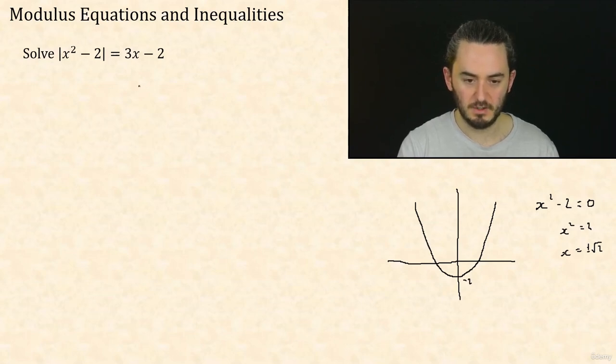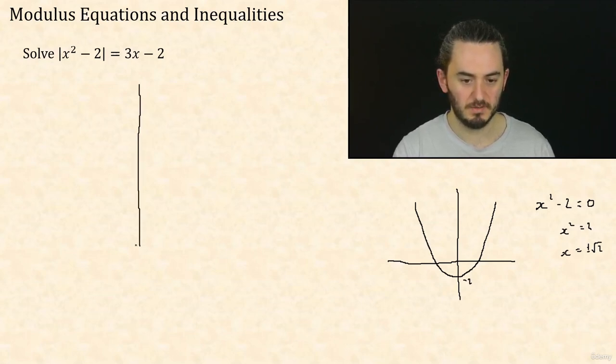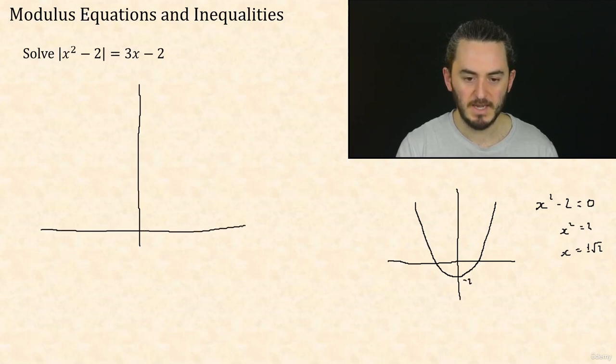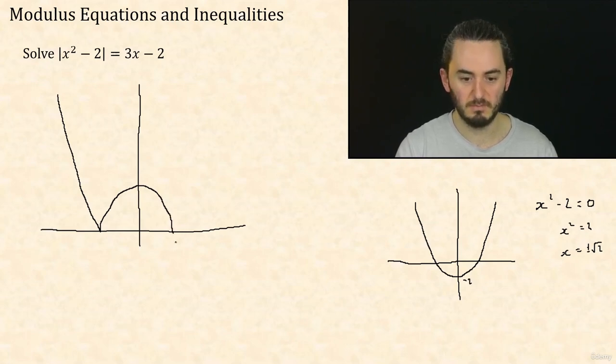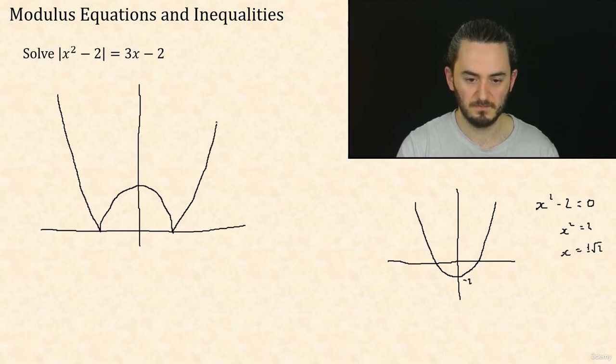So let's get this onto a graph here. I'm going to sketch the modulus of this, which means any time where the original graph was positive, it's going to stay positive, so it's going to look like a quadratic all the way down to here. And then instead of continuing below and becoming negative, it bounces up like this, was positive in all of that region, and then just when it would have gone down, it goes back to being positive again.